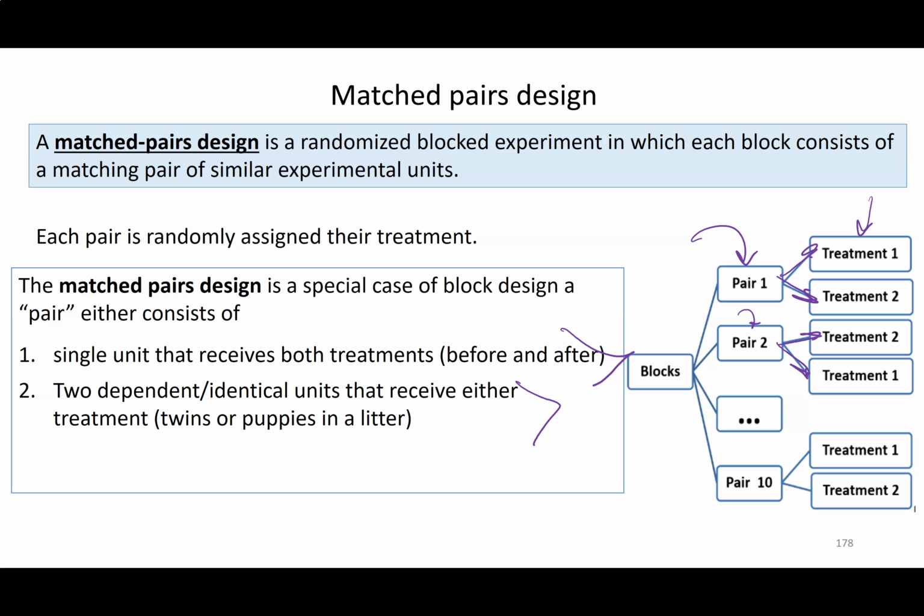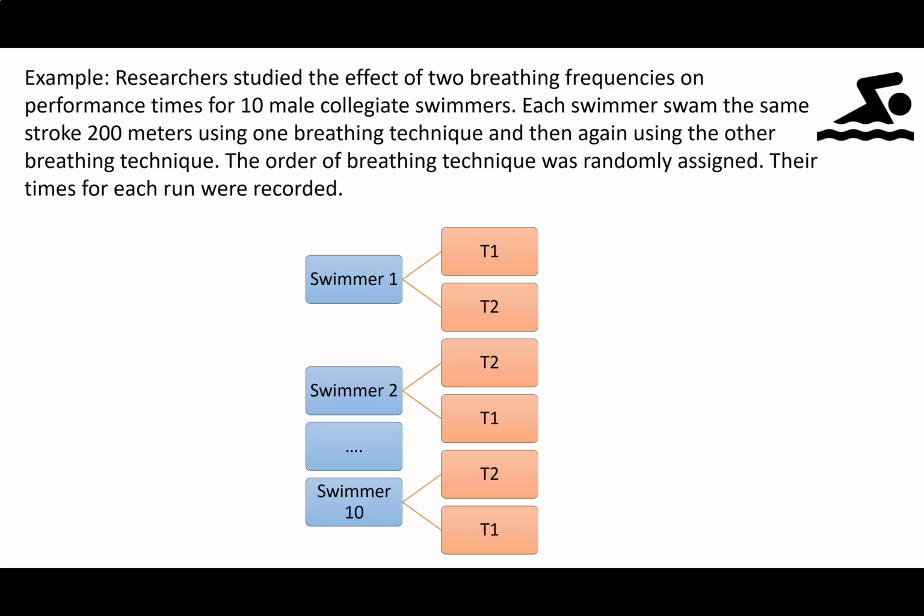For example, we have researchers studying the effect of 2 breathing techniques. So our treatment is going to be the breathing technique. We have technique 1 and technique 2. They want to look at the performance times for 10 college swimmers.